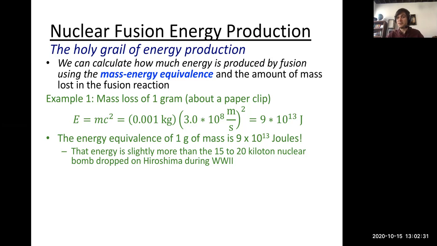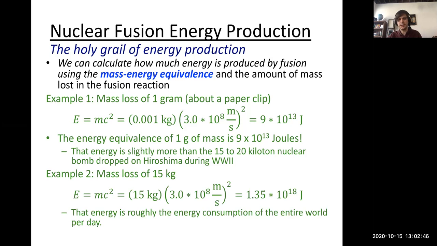Okay, pretty staggering, right? Let's take another example. Let's consider there's a mass loss of 15 kilograms. Again, the mass isn't really lost. It's converted into energy. How much energy? Use E equals mc squared. Crunch through the numbers. You get a big number of 1.35 times 10 to the 18th joules.